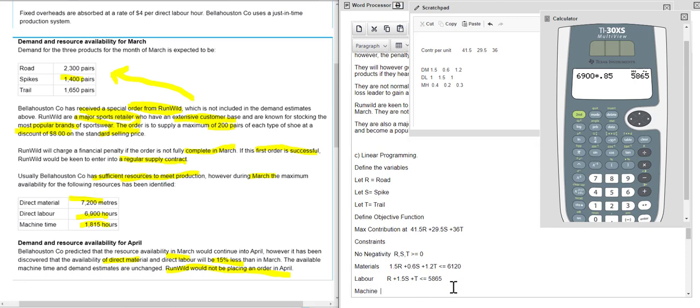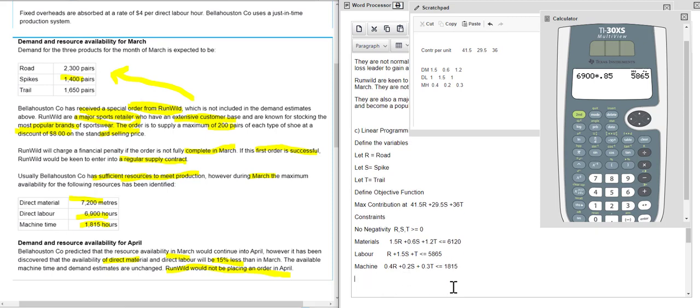And then machine is going to be 0.4 R plus 0.2 S plus 0.3 T is less than or equal to, and we don't need to change that one, it's 1815. And then finally you've got the demand ones. So the demands are going to be these up here.